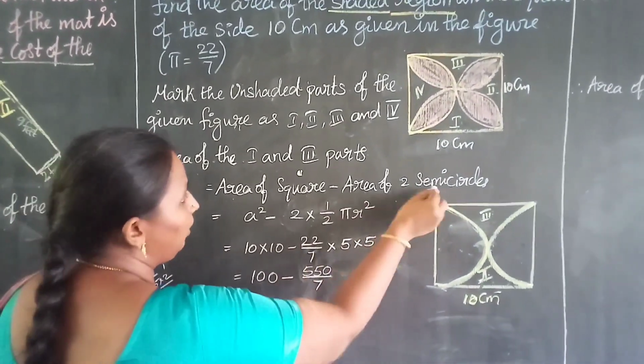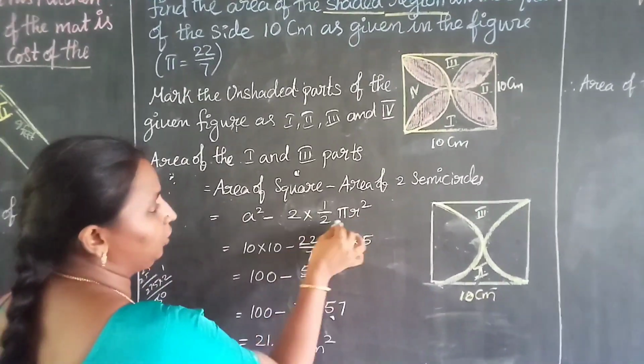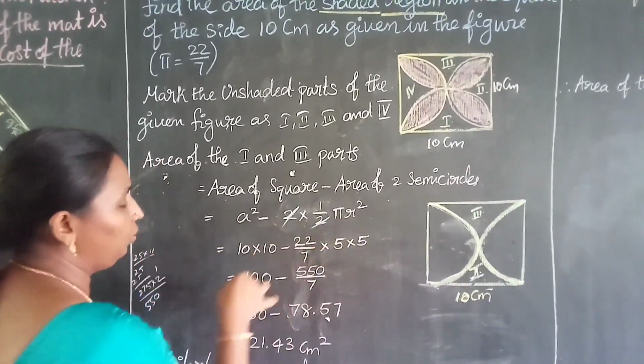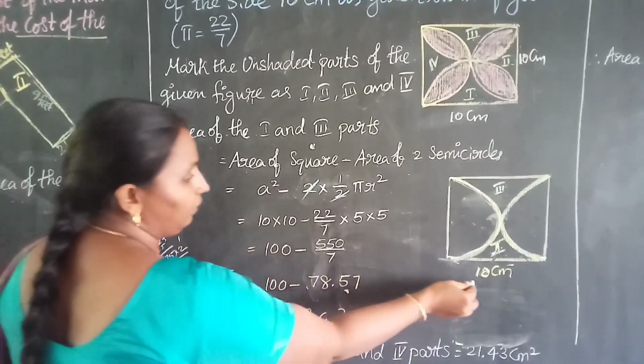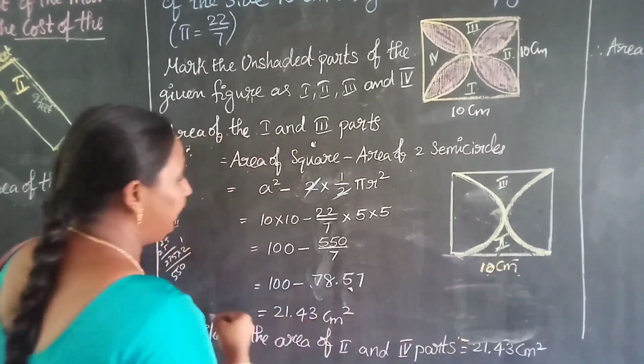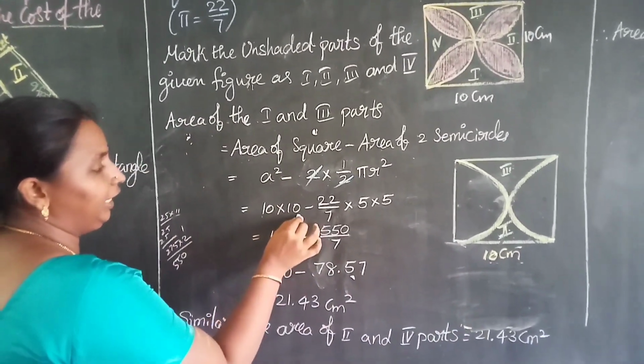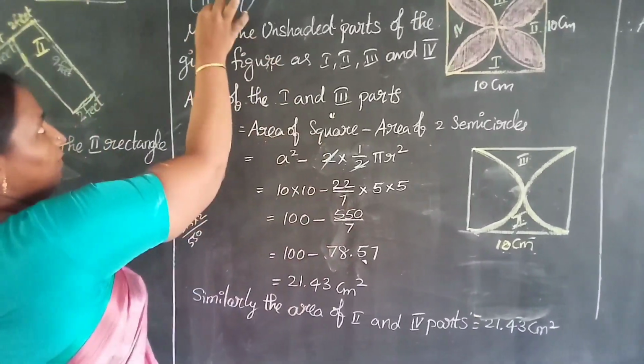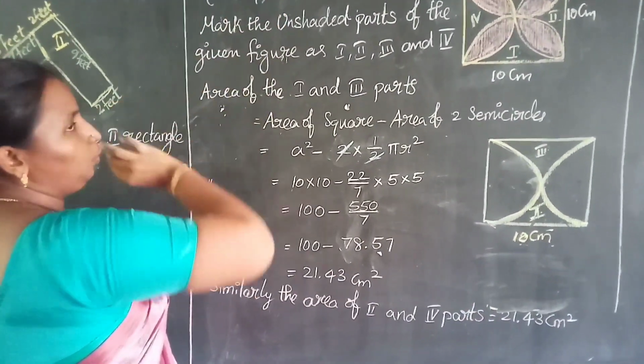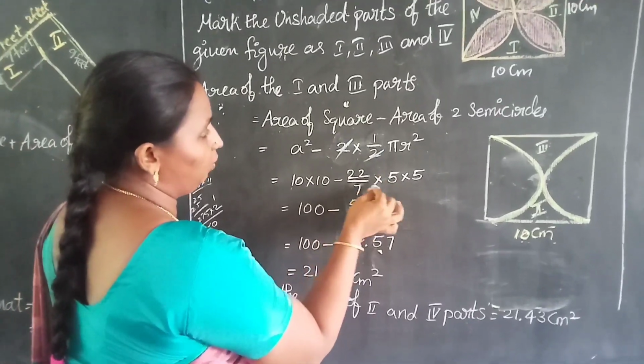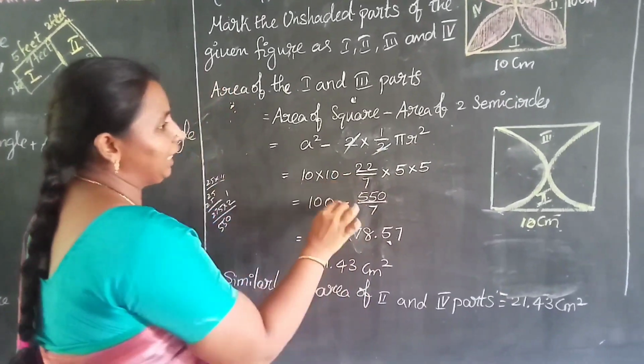So 2 into semicircle. The area of a semicircle is 1 by 2 pi r square. So the 2 will get cancelled here. The side of that square is given as 10 cm. So a square gives 10 into 10, minus pi r square, and pi is given in the sum as 22 by 7. So substitute 22 by 7 into r, the radius.